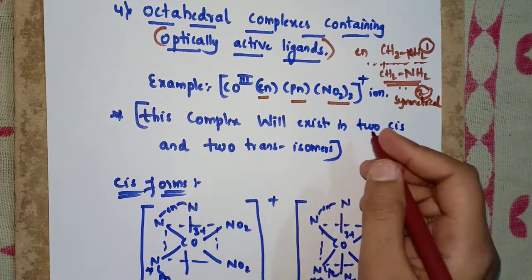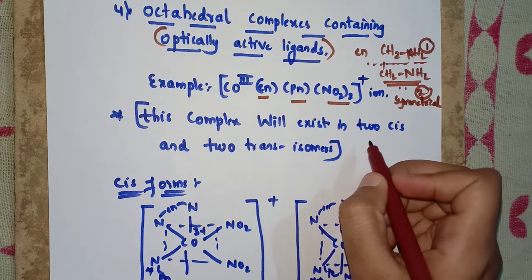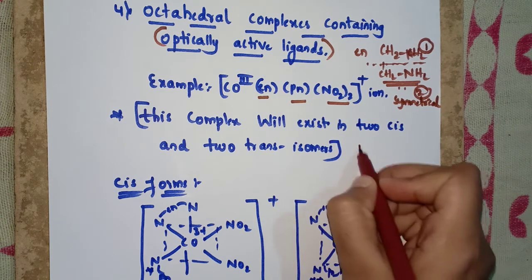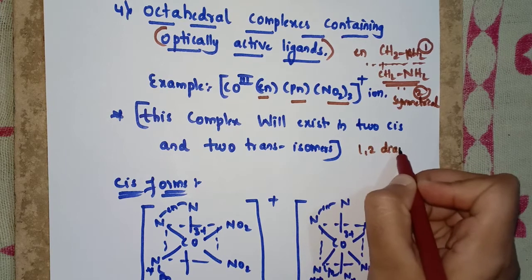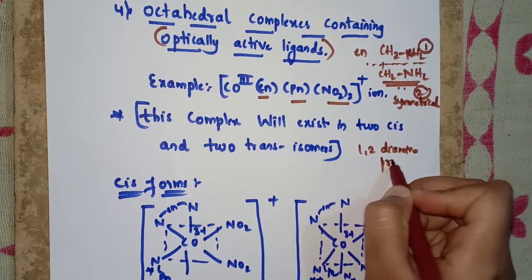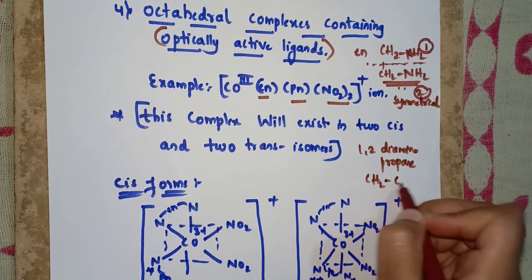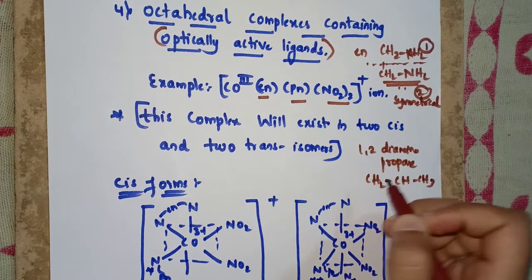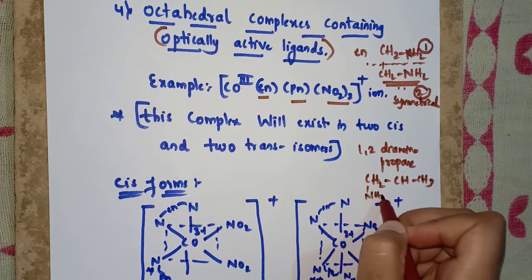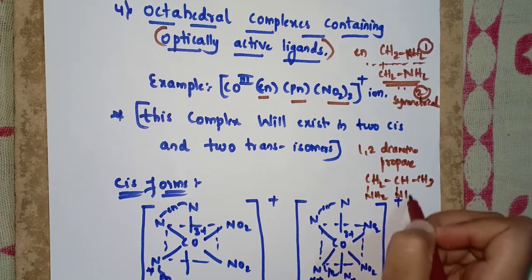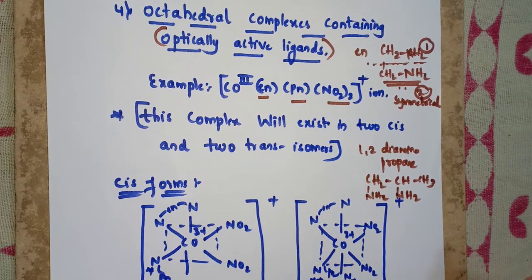If you consider the structure of pn, that is 1,2-diaminopropane, it has a structure like this, that is CH2, CH, CH3, NH2, NH2. Here you can see that if you pass an imaginary plane through this molecule, it will not give the same similar structures.